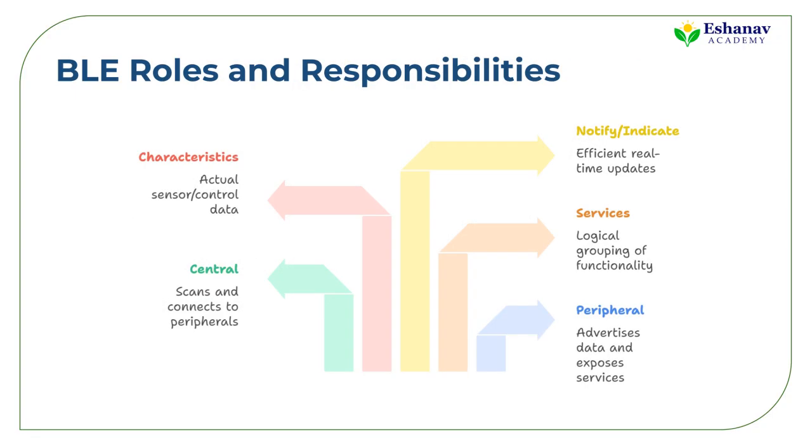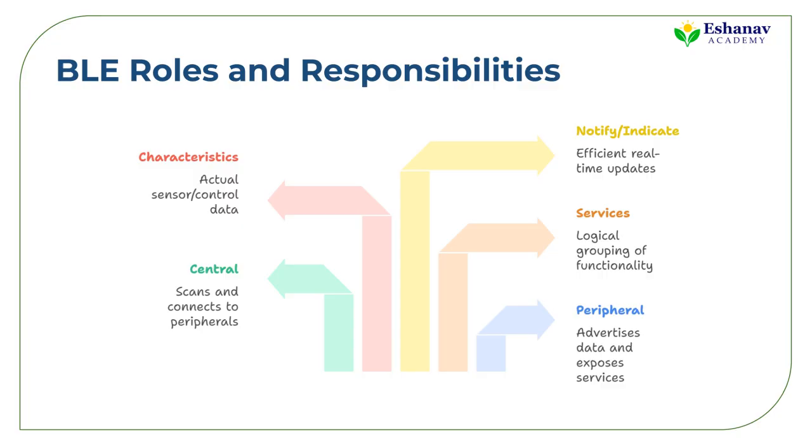In any BLE network, devices take on one of two main roles, peripheral or central. A peripheral is usually a small, battery-powered device that advertises its presence and exposes one or more services. Think of a temperature beacon or a fitness tracker. It's constantly broadcasting small packets of information.